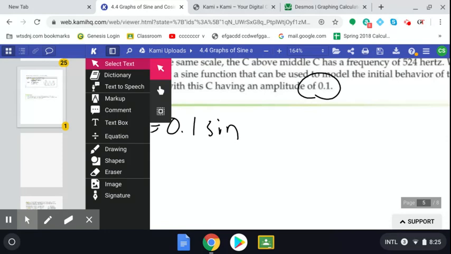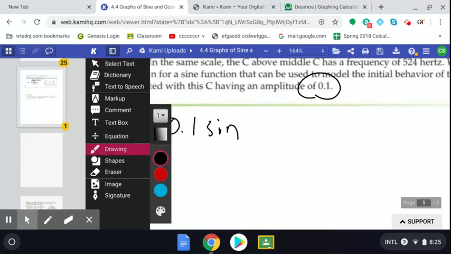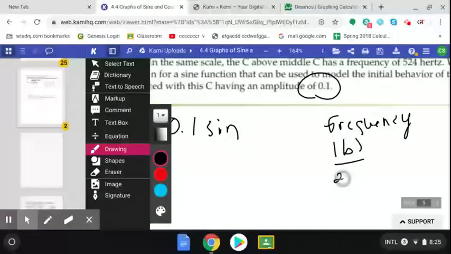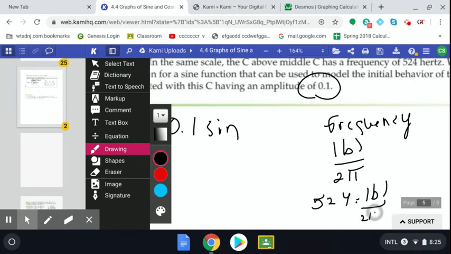So I'm going to say that 524 hertz is equal to absolute value of b over 2 pi.